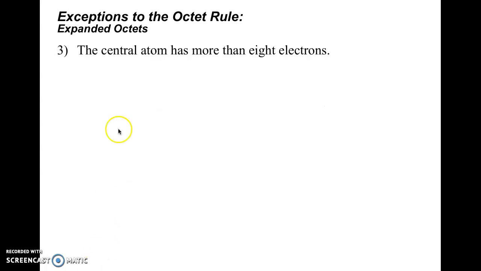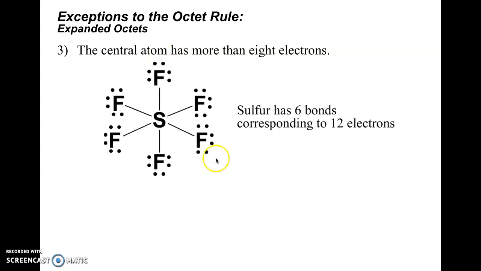Okay, and then the last one is when the central atom can have more than 8 electrons, and we call this an expanded octet. So we have several cases. This one is sulfur hexafluoride. Sulfur actually has 6 bonds, which means there's 12 electrons around it.